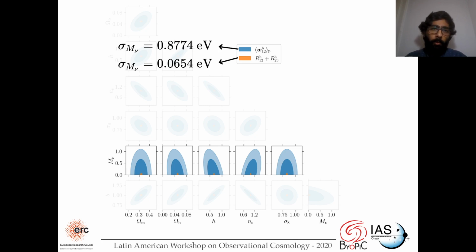Focusing on the neutrino mass, we are able to obtain a 1 sigma constraint of 0.87 eV or so using just the pairwise velocity information, while using the 3-point relative velocity statistics, we are able to constrain it much more tightly, to 0.0654 eV. This is quite encouraging because it offers a factor of more than 13 improvement in constraining neutrino mass.